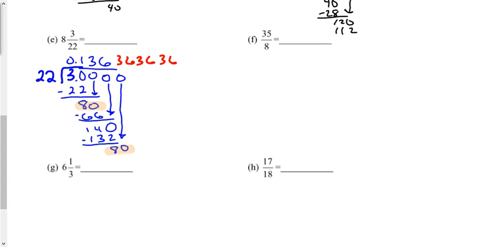You can put it in a calculator if you want. But what that means is our answer is going to be 0.136, and you got to be really careful because what's repeating? Only the 3, 6, 3, 6, 3, 6, 3, 6. That means we put the bar over just the 3, 6. Be careful.